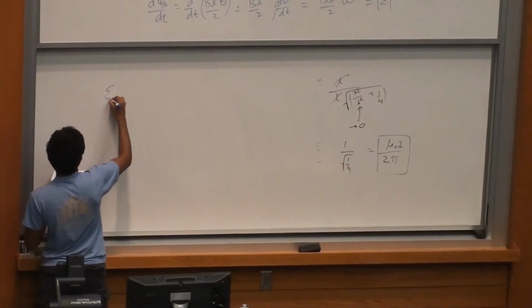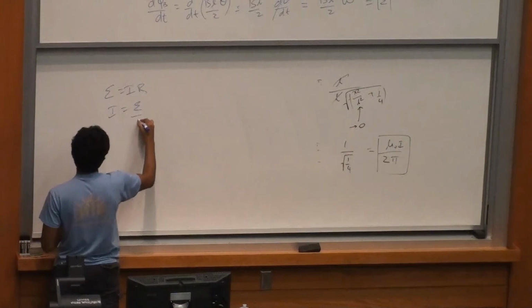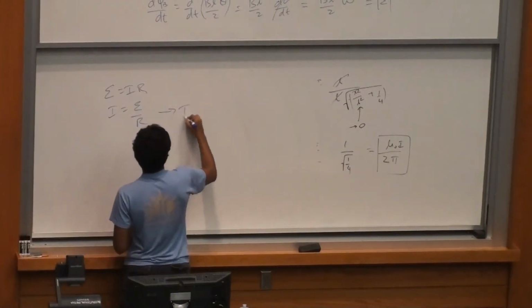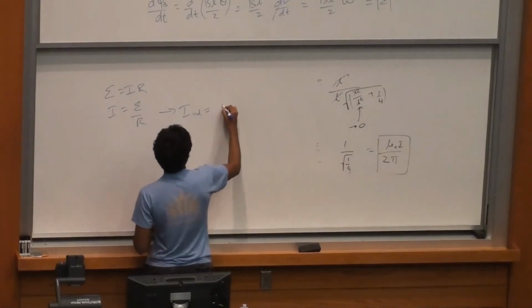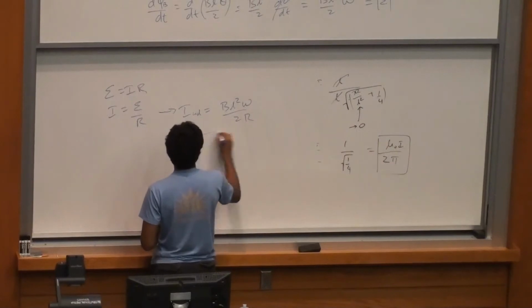Ohm's law states that EMF equals IR, therefore the current equals EMF over R. So essentially take that and divide it by R. Therefore my induced current is equal to B L squared omega over 2R.